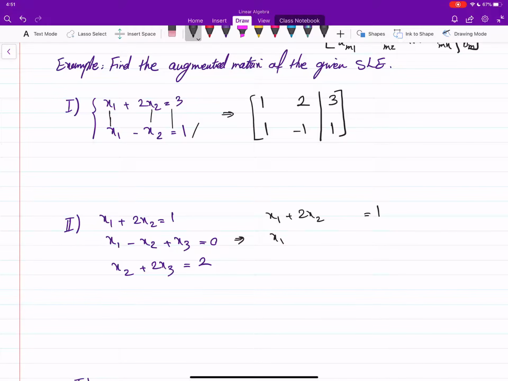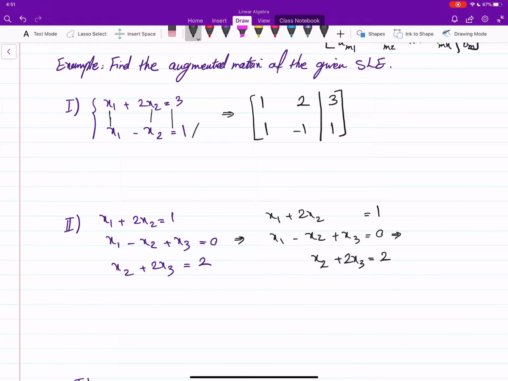Then x1 minus x2, I'm aligning the different variables from different equations in the same column, and then the third equation doesn't have any x1, so we won't write that. It starts with x2 plus 2x3 is equal to 2.